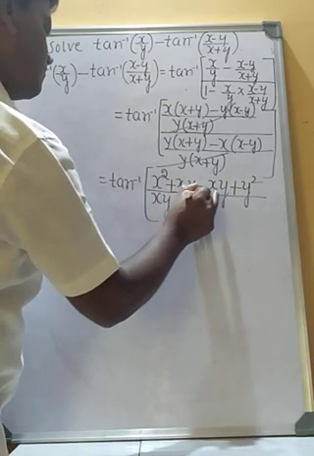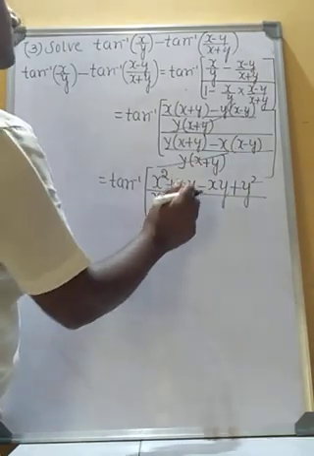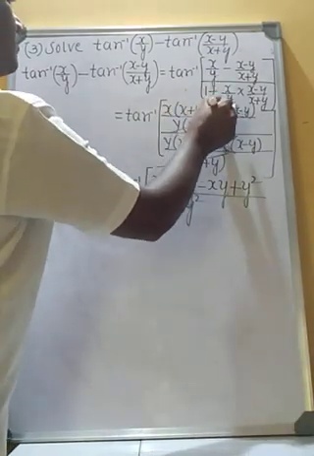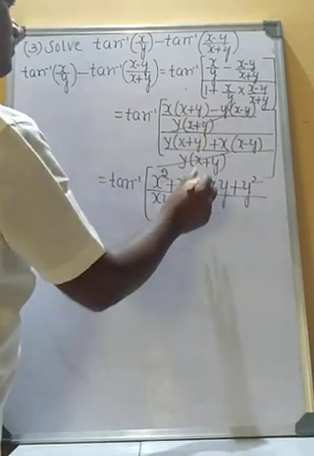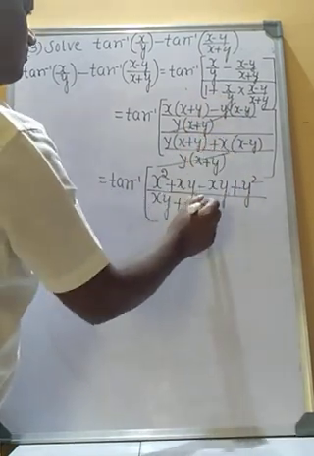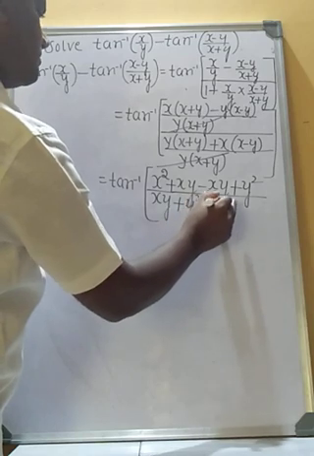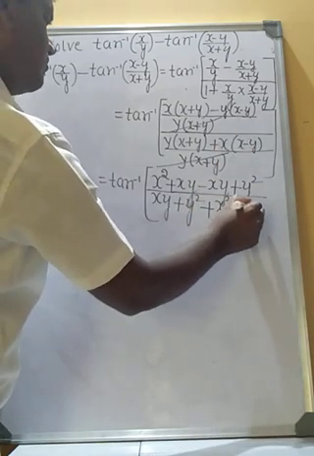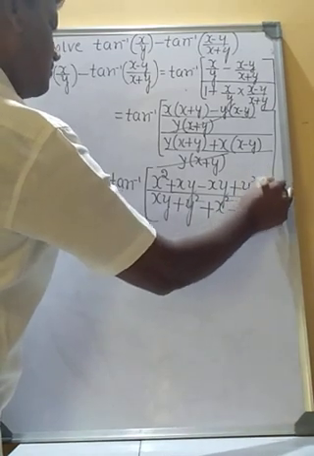Here, minus into minus becomes plus, x square minus x into y, xy.